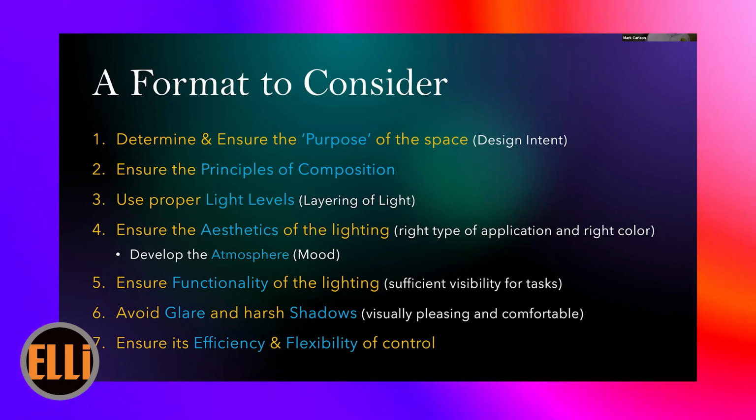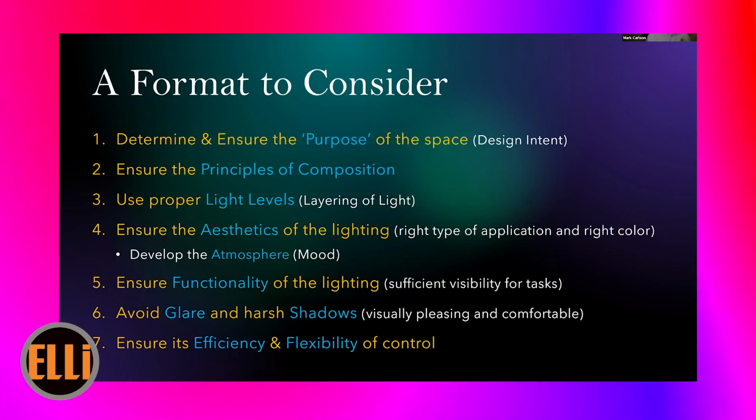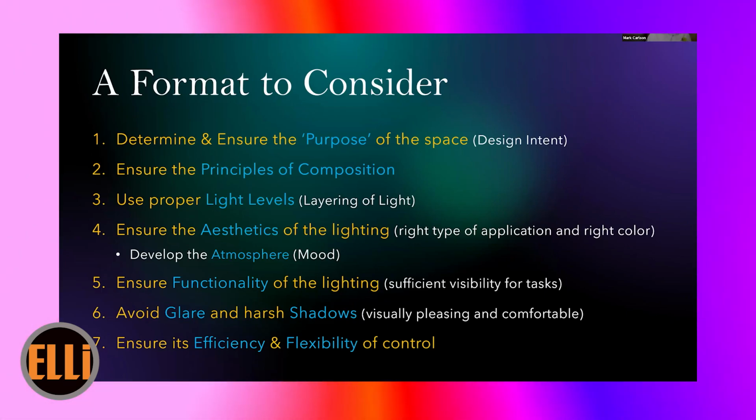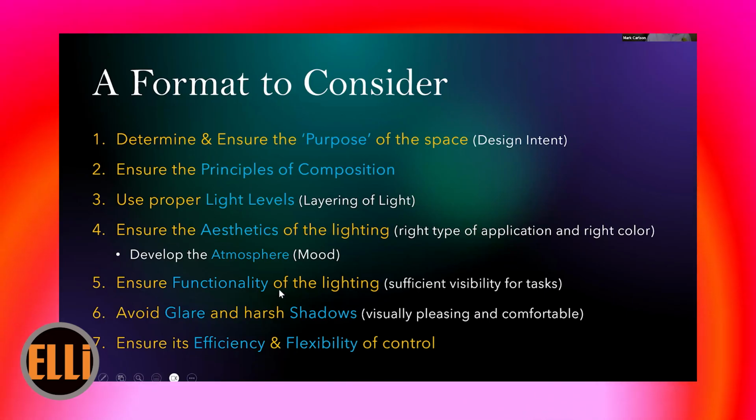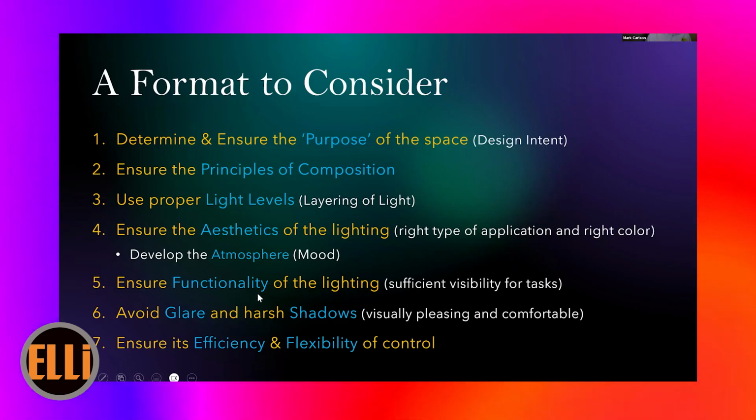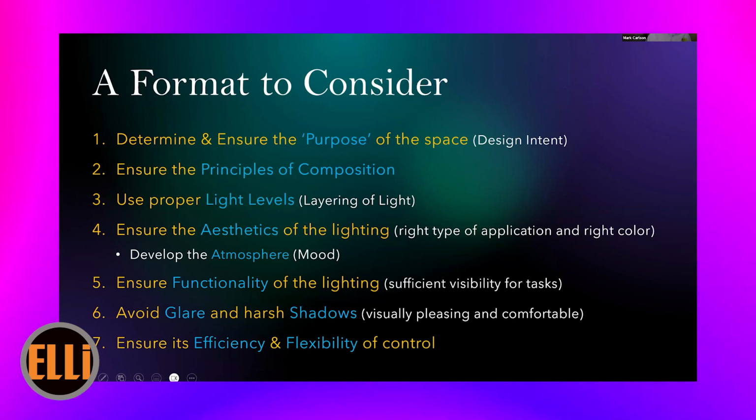You don't want it all washed to where you can't tell where the rise versus the tread is. You want to be able to see a shadow difference in there, so that it's easy to maneuver through that space. Security could fall under functionality. Tasks fall under functionality, as well as safety.